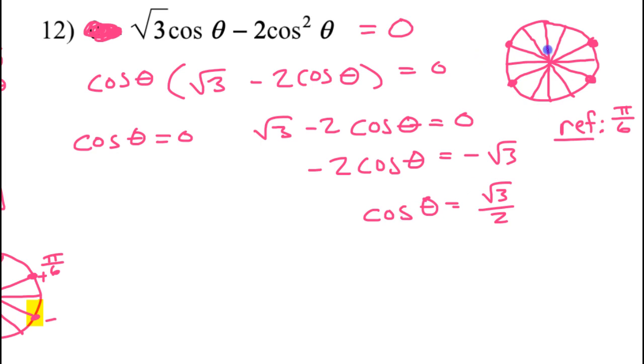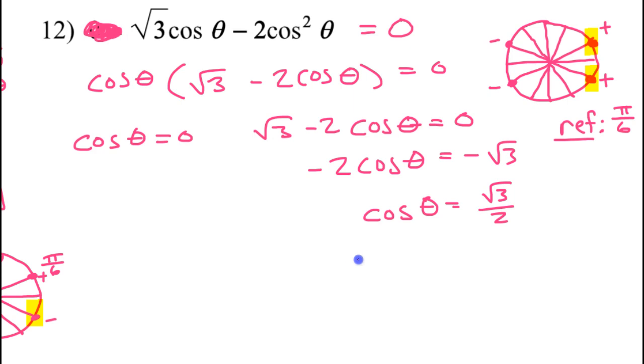Cosine is an x value on the unit circle, so cosine will be positive in the first and fourth quadrants, and it will be negative in the second and third quadrants because x's are positive on the right and negative on the left. In this particular case, we want cosine to be positive because we have positive radical 3 over 2. So that's why we want these two answers.